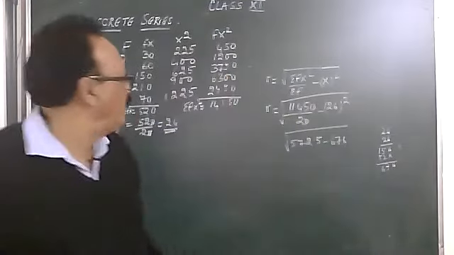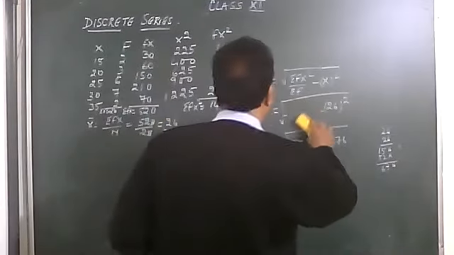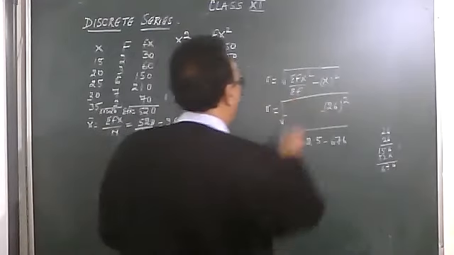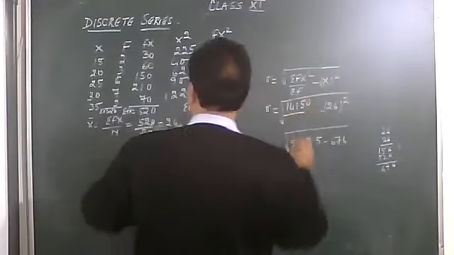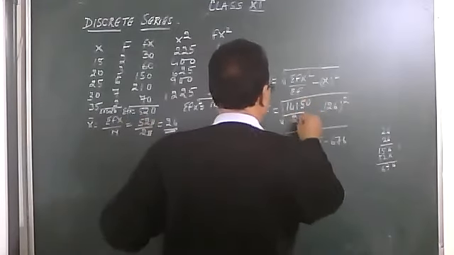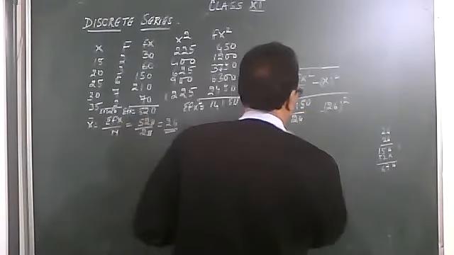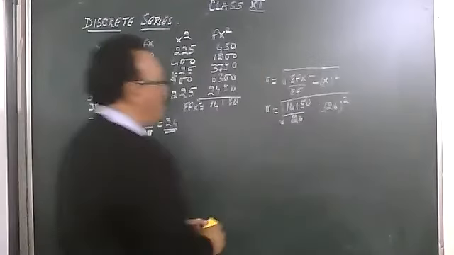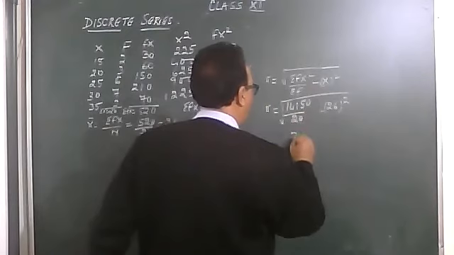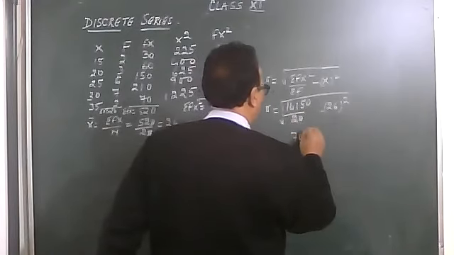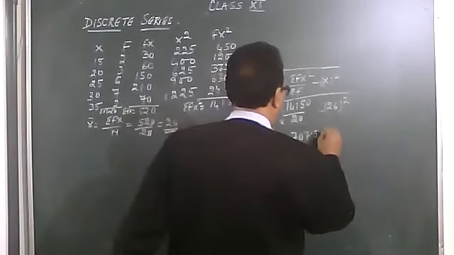See me, my mind, where is my mind going? This value is 14150 upon 20. Okay. 2 sevens are 14, 0, 2 sevens are 14, 5 are 10 minus.